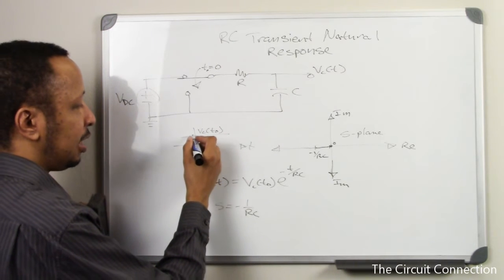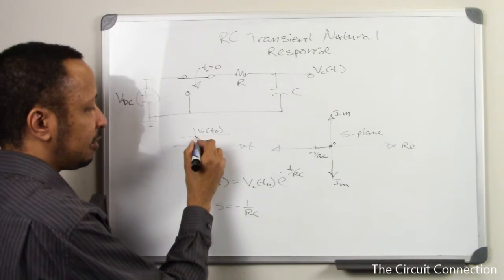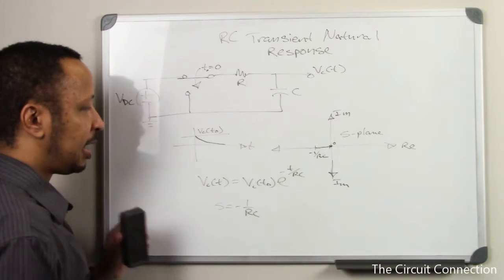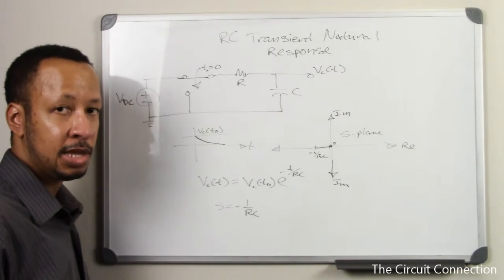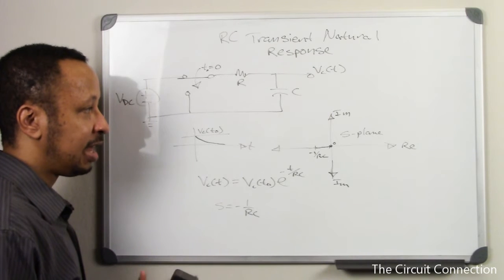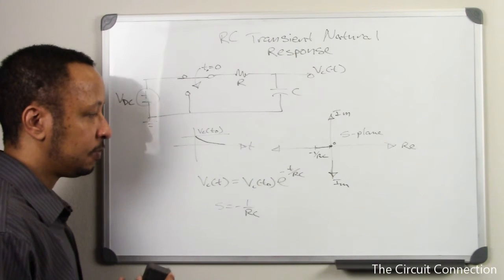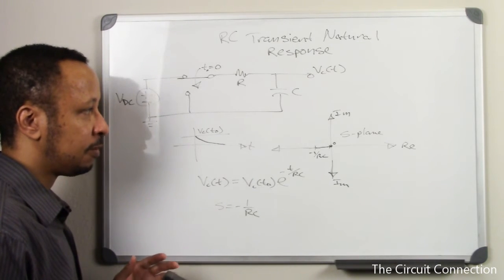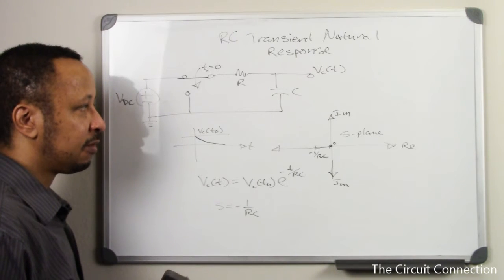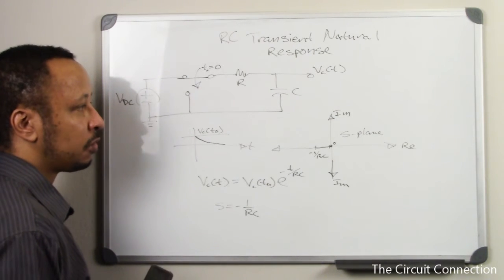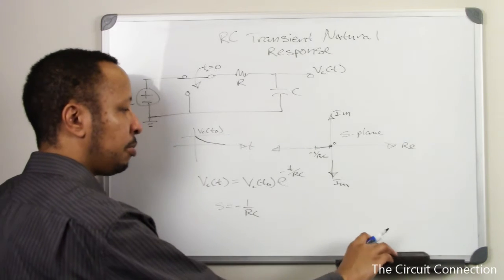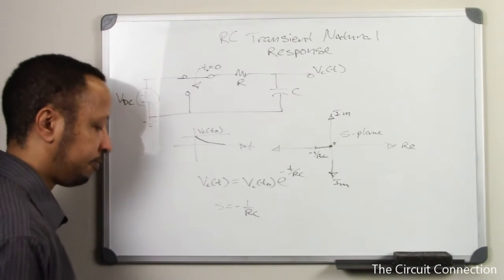With that being the case, now you have Vc of t sub 0 following an exponential decay. That is what you would gain as intuition from the root of this function in the S-plane. That will prove to be a very important thing as time goes along.